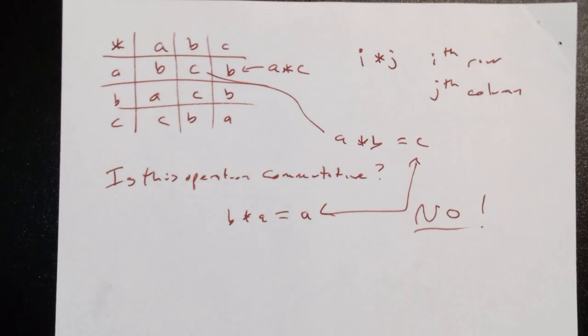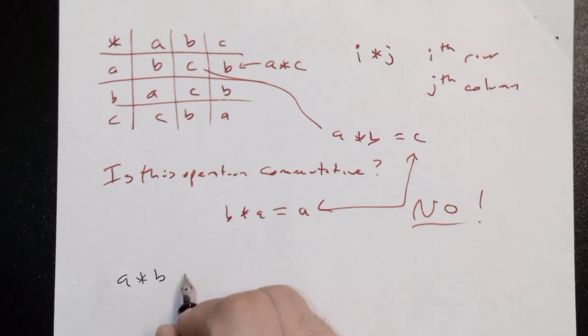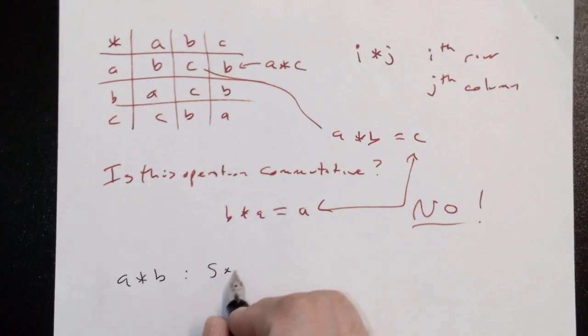I want operations that make sense. And that means this is a function, right? A star B is a function. It's a function from the Cartesian product to the set.